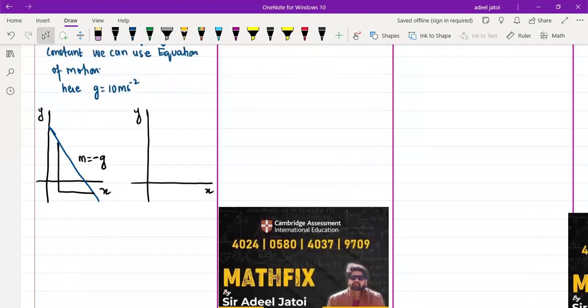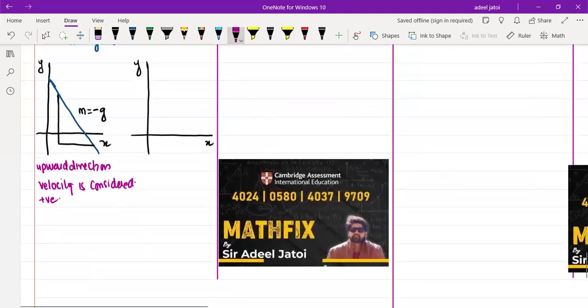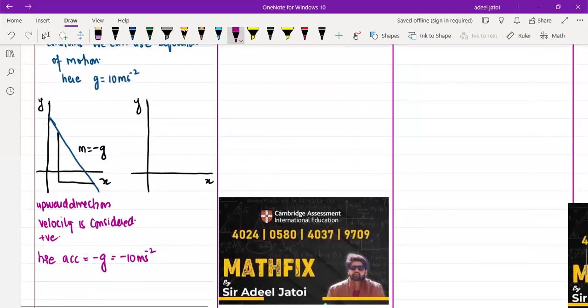So remember this: upward direction velocity is considered positive. Here acceleration is equal to minus g, which will be minus 10 ms^-2.